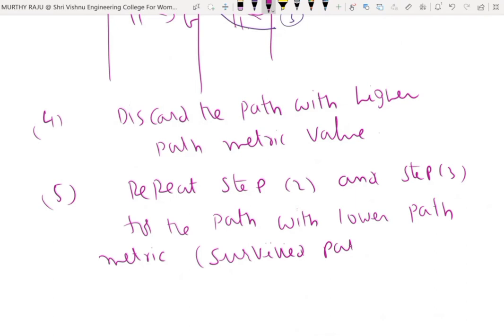Survived path till the last time step. These 2 points are explained clearly in that procedure.